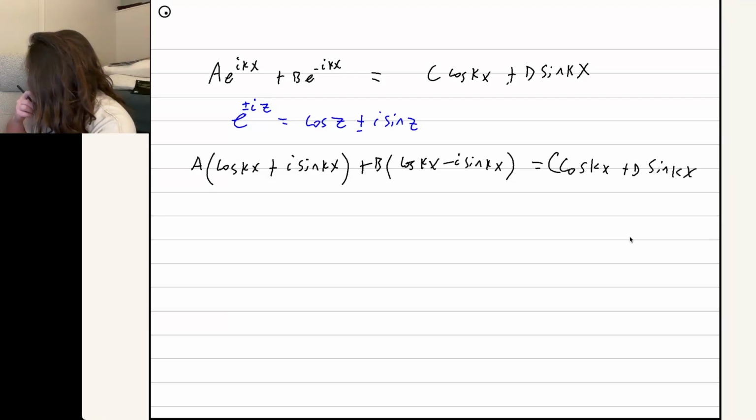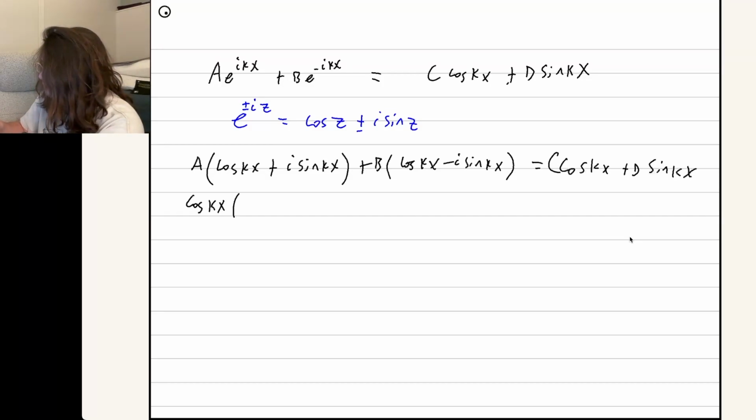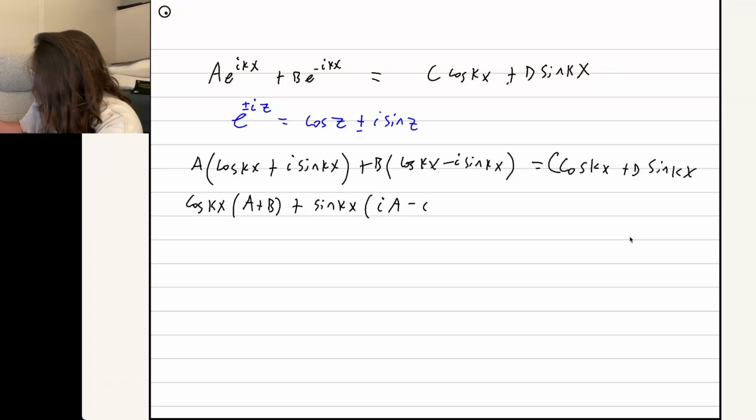We can group them together based on trig functions rather than on a and b. So we'll get cosine kx, and then we'll group together everything like that. So it's going to be a plus b for that. And then we also have stuff that is proportional to the sine of kx, and that's going to be ia minus ib, and that's equal to the stuff on the right hand side.